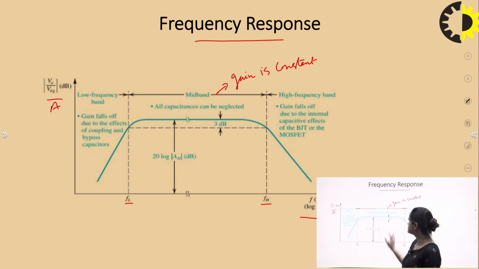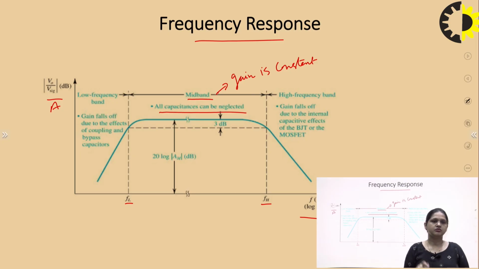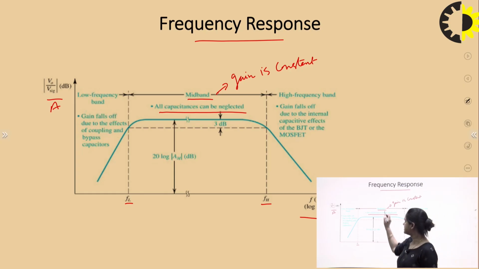That's why it is known as mid band, and gain can be constant only when all the capacitances can be neglected. So there is an important role of BJT capacitance in the AC analysis. Whenever all the capacitances can be neglected, because their values are very small, the gain is constant, and this portion of the curve is known as the mid-band response.